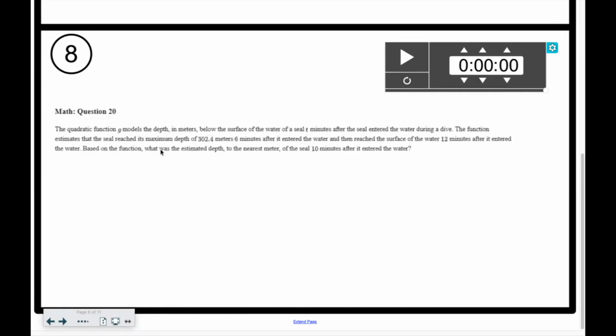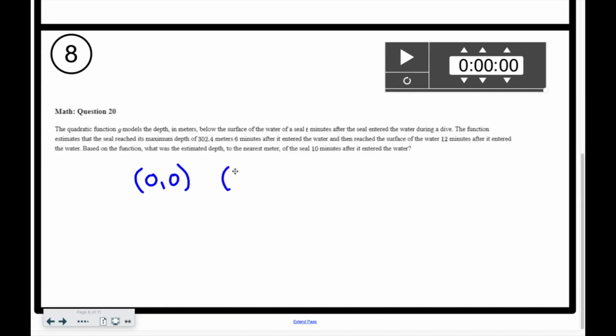So it says that the function is, after a certain amount of time, how far below the surface of the water you are. So if the seal entered the water, we can assume that there's going to be the point 0, 0, because when they entered the water, the surface of the water is 0 depth.